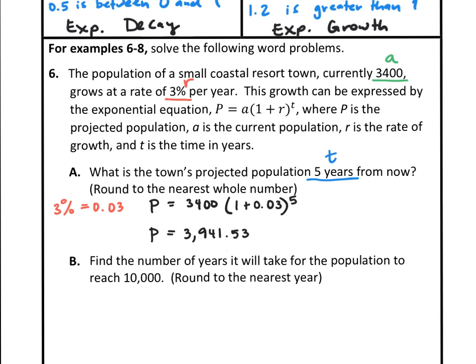So I'm going to round up. So my final solution is the projected population would be approximately 3,942 people. In about 5 years, right, the population would grow to 3,942 people.